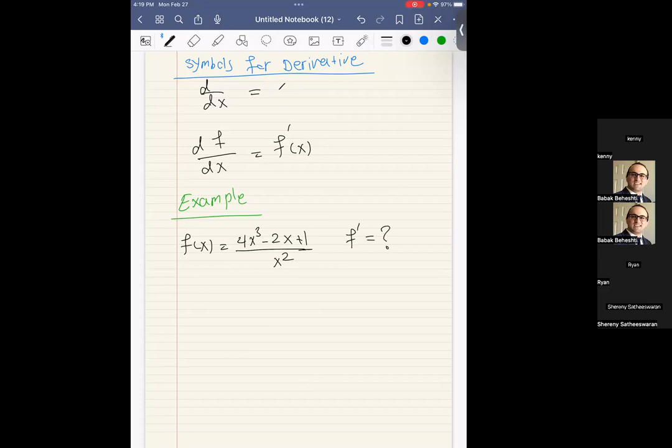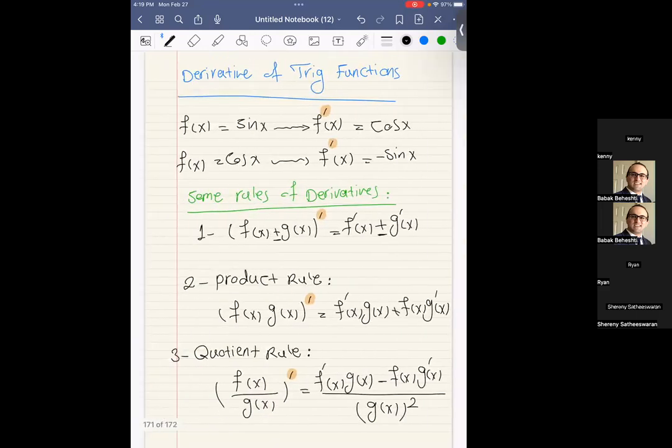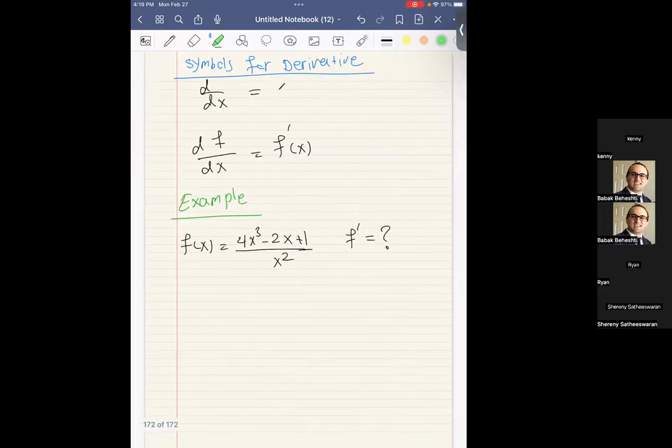Yeah. So here you have to use the quotient rule. Remember this rule. So (f divided by g) prime is the derivative f prime times g minus f times g prime, divided by g squared. So let me just write this quotient rule.